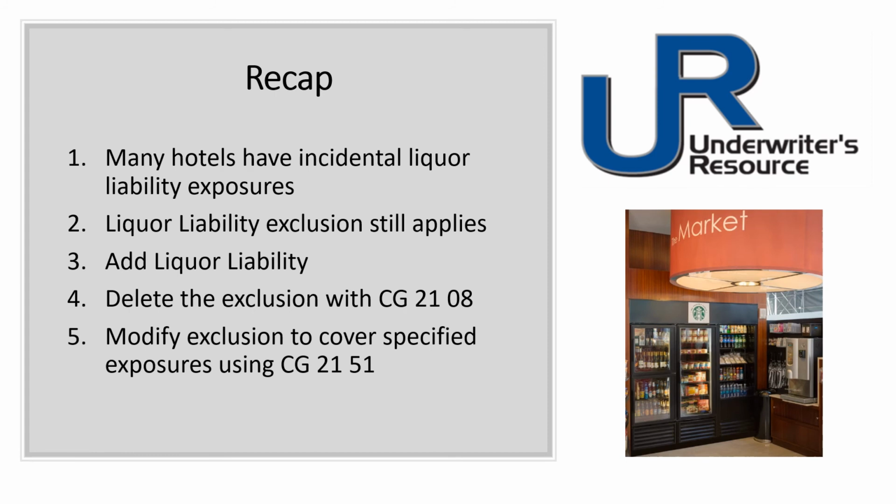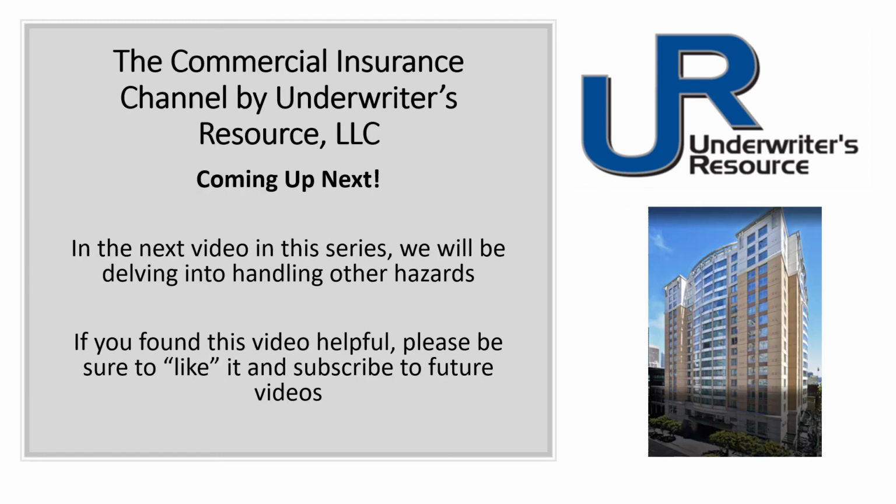And the ways to handle that would be: one, they could add liquor liability, or two, they could delete the exclusion, or three, they could modify the exclusion to cover specific exposures by utilizing endorsement CG 2151. In the next video in this series, we will be delving into handling other types of special hazards.